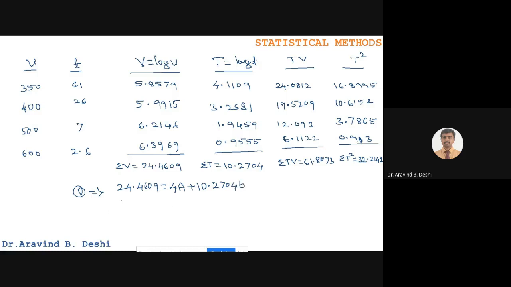Then summation of TV, 61.8073 equal to a into summation of T, that is 10.2704 a, plus b into summation of T square, that is 32.2142 b. Using a calculator, we can get capital A and small b values.